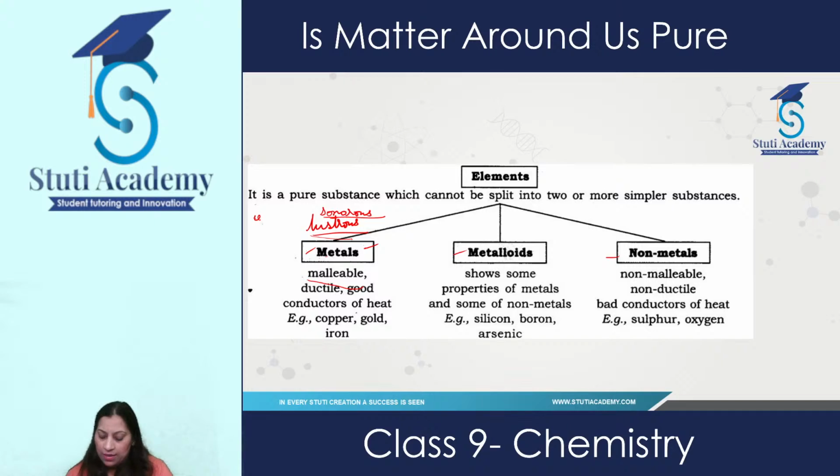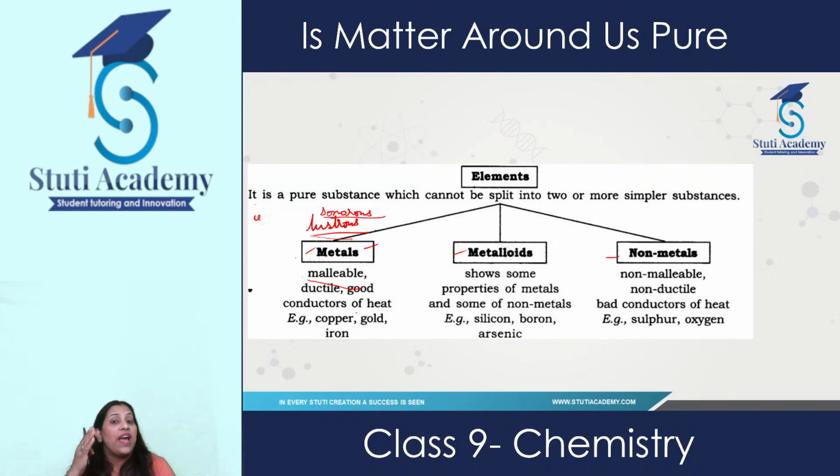Okay, and apart from this, metals have high density, except sodium and potassium. Metals are quite hard, except again sodium and potassium. Sodium and potassium are so soft that you can easily cut them with a knife. They are exceptions in metals.